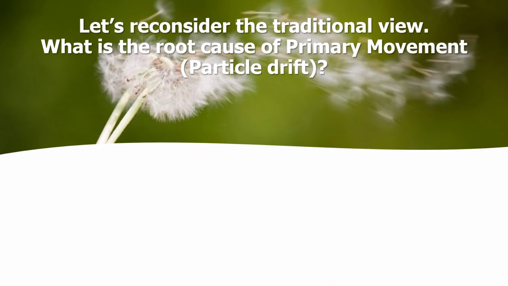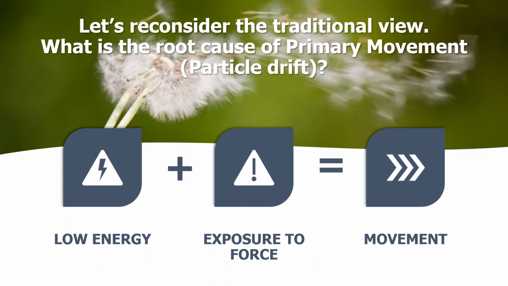So let's reconsider that original idea about what makes drift. What actually causes it to drift? Was it the wind? Or maybe it was the size of the droplet? So let's look at it this way. Imagine we have a low energy situation, a droplet that's moving very, very slowly.